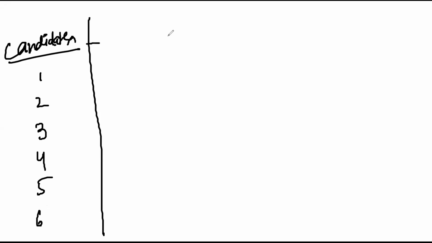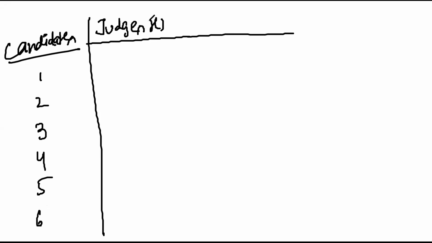They gave marks out of 10. This is your X, the first judge, and the second judge is Y. They both gave marks out of 10.